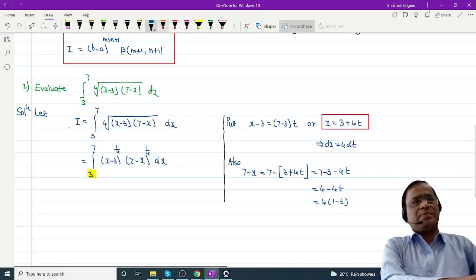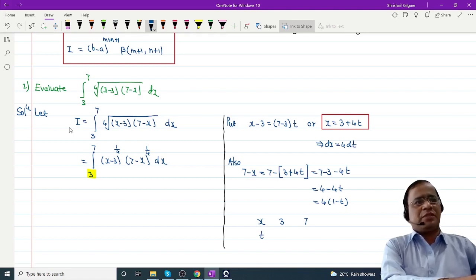Now the limits part. Anyone tell me the limits? What are the given limits? Given limits, x is equal to 3, x is equal to 7. What are the limits for t? So you can use this substitution. If you substitute x is equal to 3, what happens?